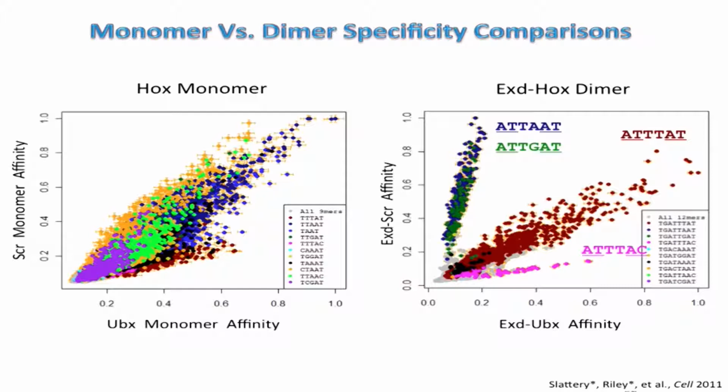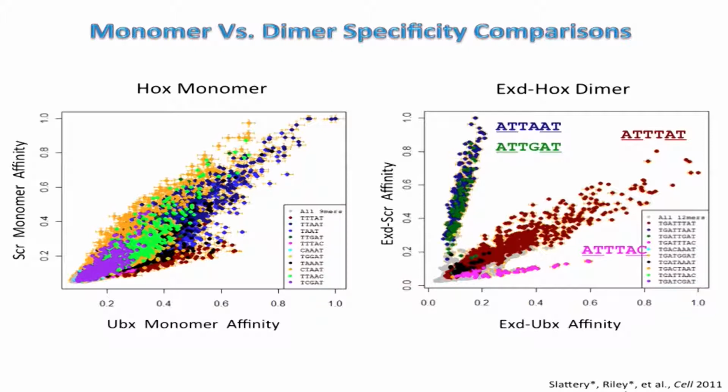For the blue and green motifs, they had different cores, ATTAAT and ATTGAT. For these two classes of 12-mer binding sites, Sex combs reduced greatly prefers these binding sites over Ubx.